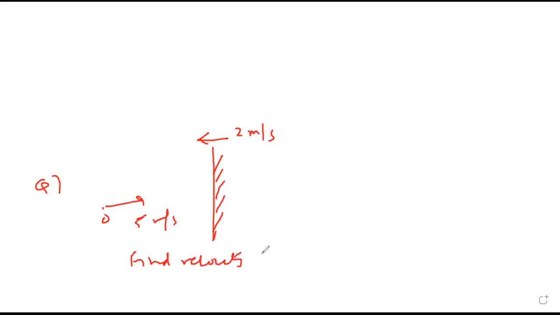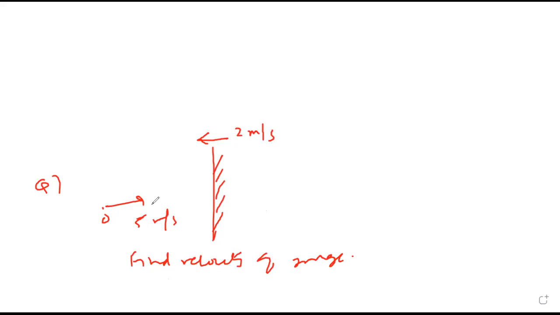Now this is one mirror, moving with a velocity of 2 meter per second. The object is moving with a velocity of 5 meter per second. Find the velocity of the image. See, if the mirror is at rest, then the velocity of the image will be minus 5, just opposite of this.